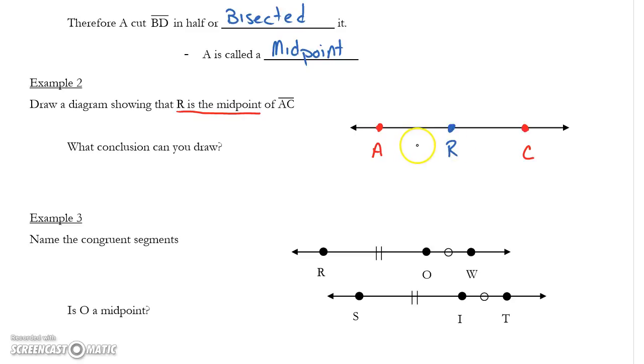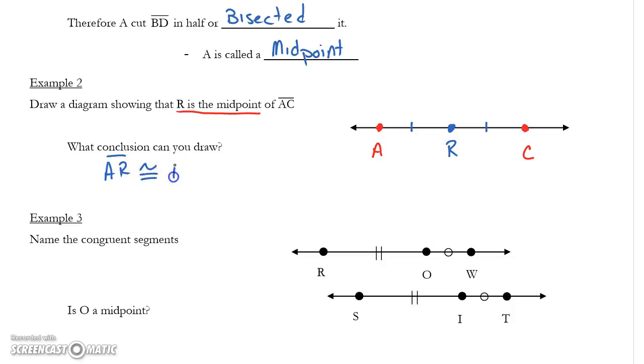Now, we don't have to find the exact middle, we need to be really close. The way that we're going to differentiate between R being just between A and C and R being the midpoint is we're going to use these little tick marks. Those tick marks show that this segment AR and this segment RC are congruent. That's the conclusion we can draw.